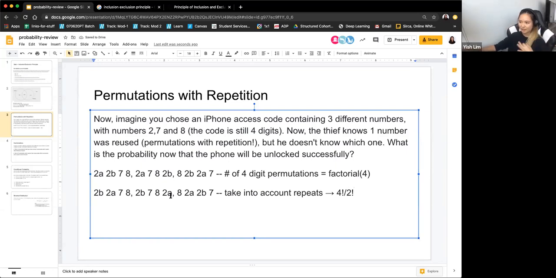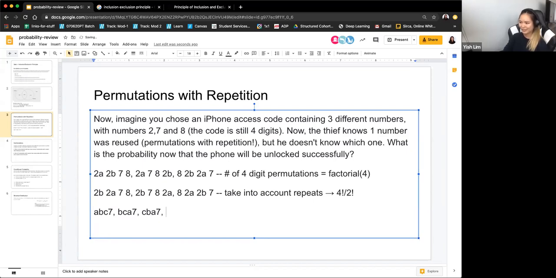Because if we had more number 2s, like 2 A, B, and C, let's imagine we just had 3 2s and a 7. So it would be A, B, C, 7. Each of A, B, C represents a 2. You'll also have B, C, A, 7, and C, B, A, 7.